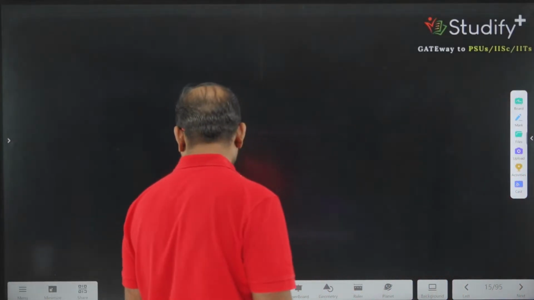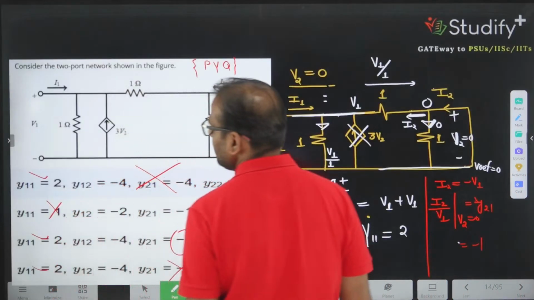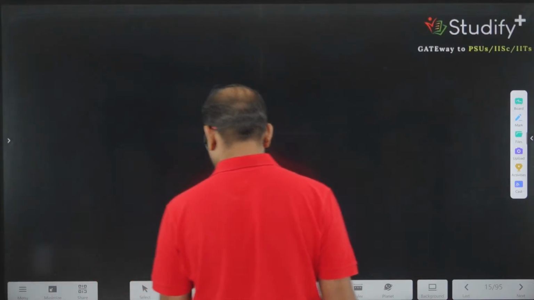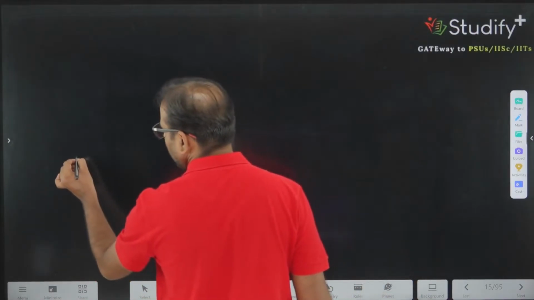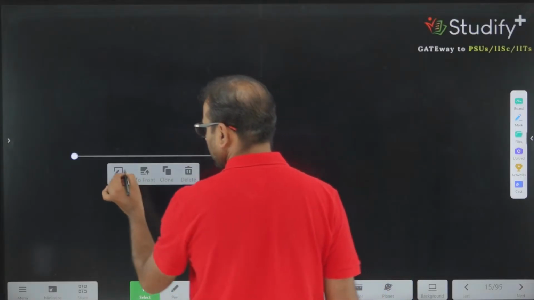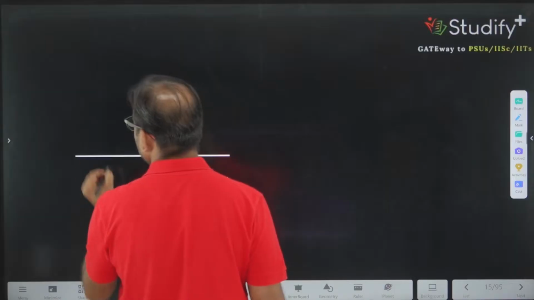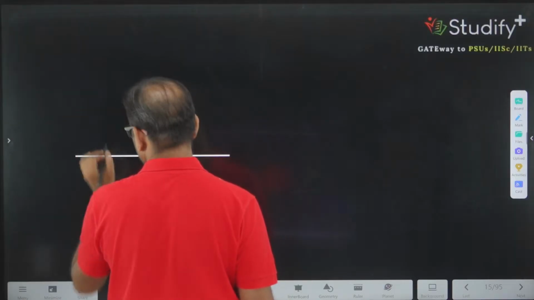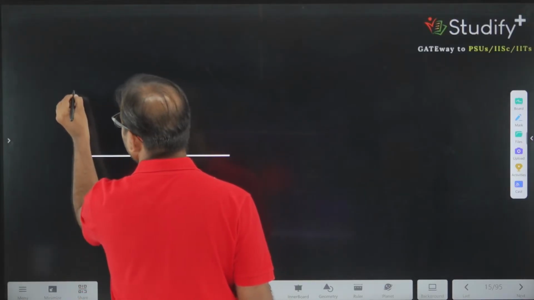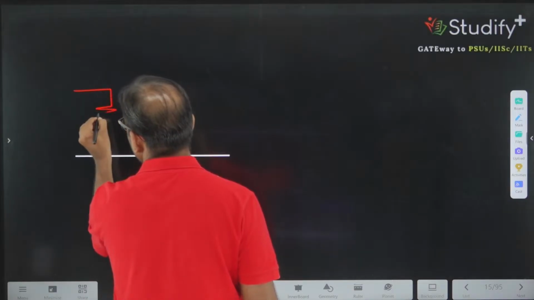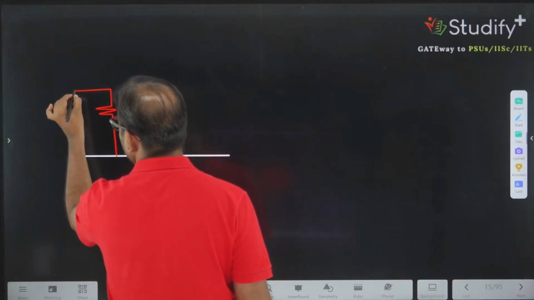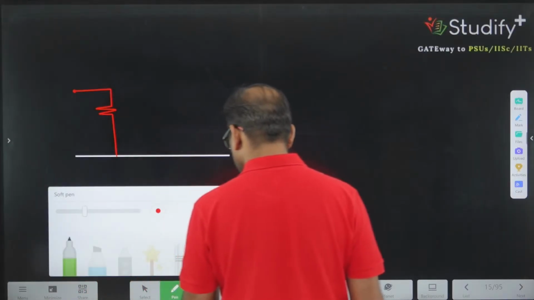So if I make V1 equal to 0, let me redraw the circuit. Here I can redraw the circuit. This value is V1.